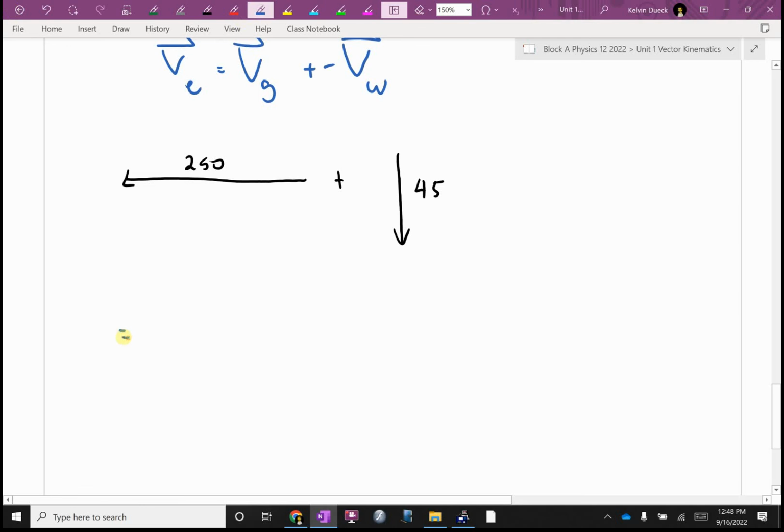I'll get 250. Well, 50 is 1/5 of 250, so 45 is going to be roughly 1/5. It's going to be pretty short. Probably like that would be better scale. This here must be the engine velocity.